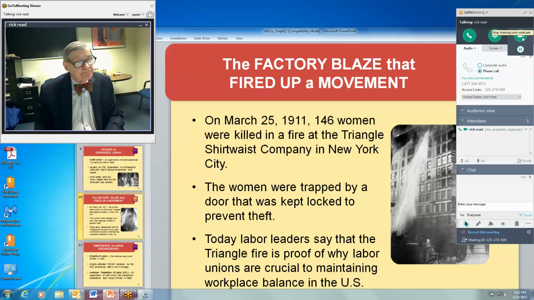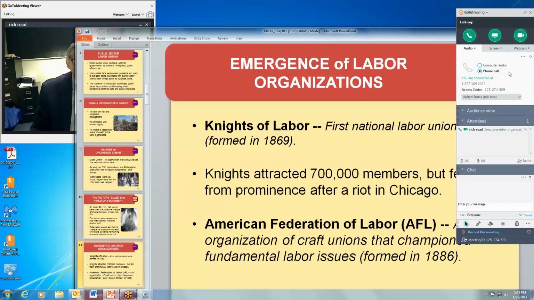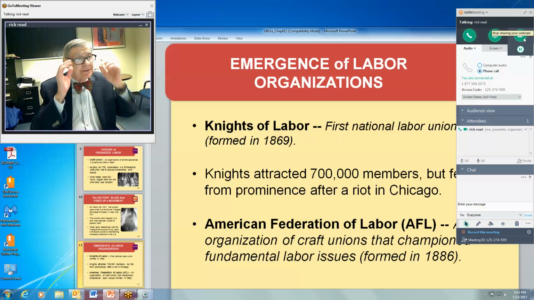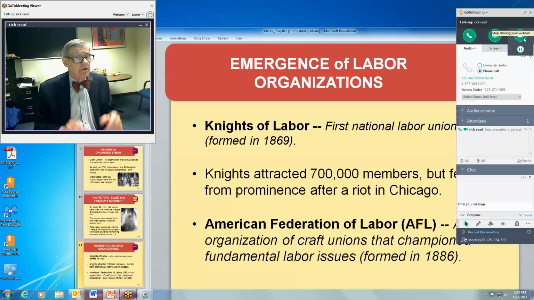The Triangle Shirtwaist Factory fire in 1911, 146 women were killed. Organized labor, actually the first labor organization that we know in the United States as an organization similar to the AFL-CIO was the Knights of Labor.